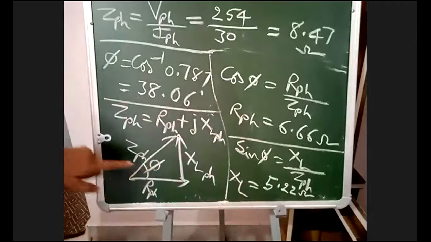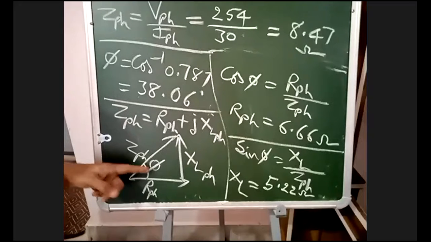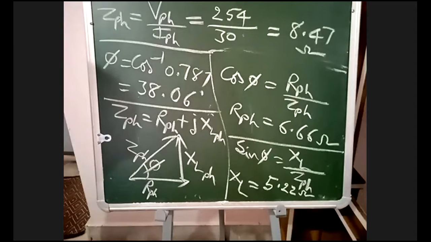You know phi value and Z value in the triangle. Phi is 38.06. Z is 8.47.